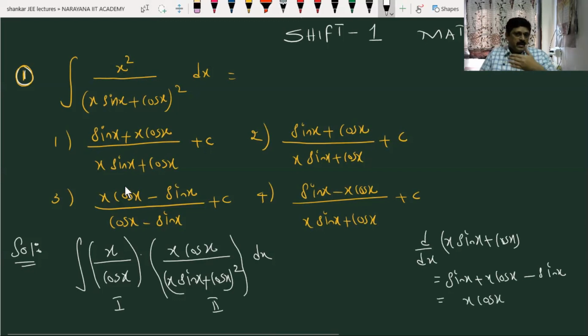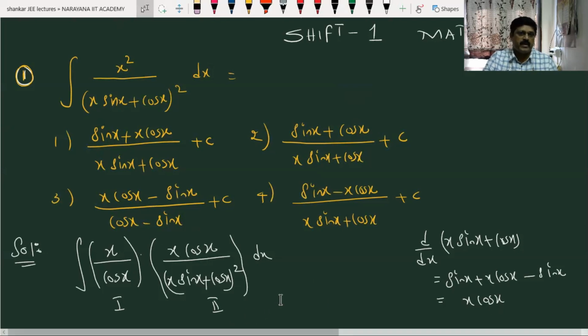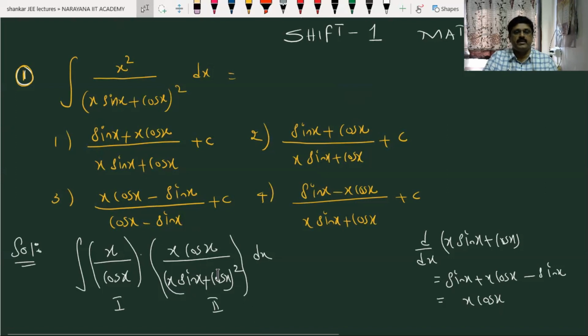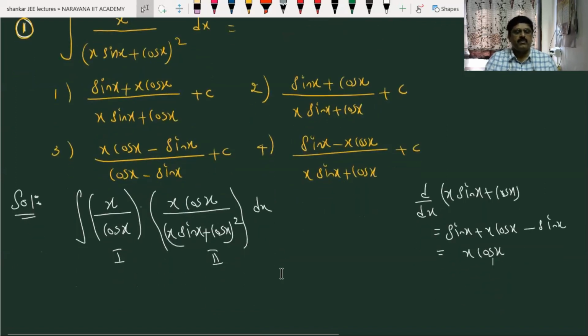Means the derivative of x sin x plus cos x is x cos x, which is there in the numerator. So to take that advantage, you know the 1 by x square formula, minus 1 by x. If you treat this as some t, this is dt, 1 by t square dt. So integration of that particular function is very easy, so I have chosen that function as the second function.